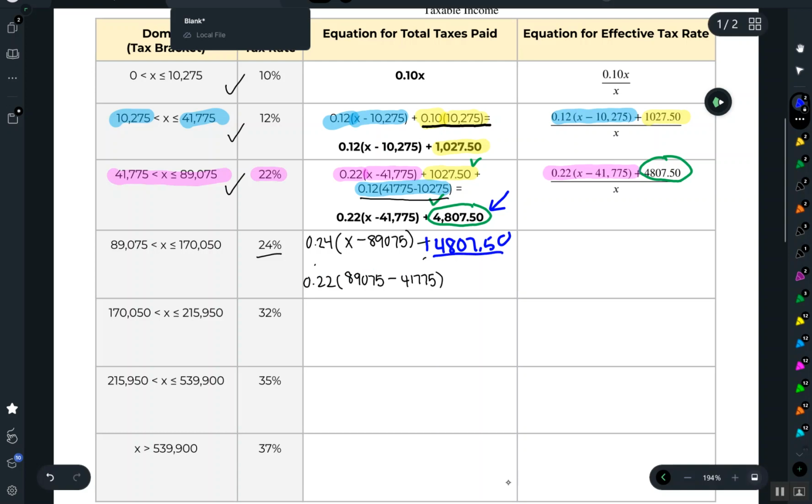So this is the 10% and the 12% bracket. This is the 22%. I need to add that to it. Let's figure out what this part is.